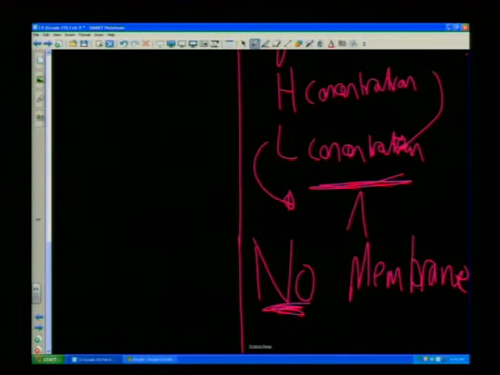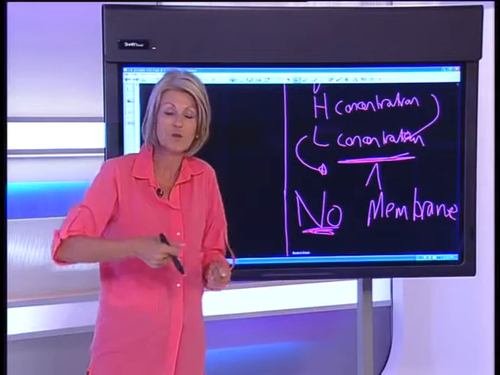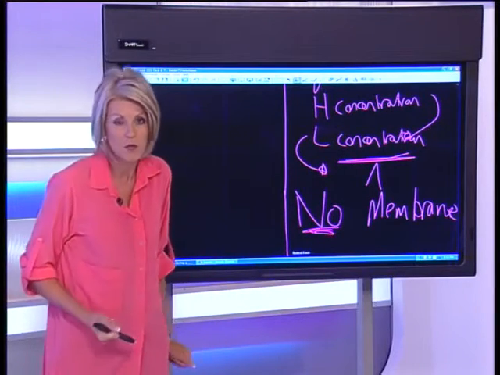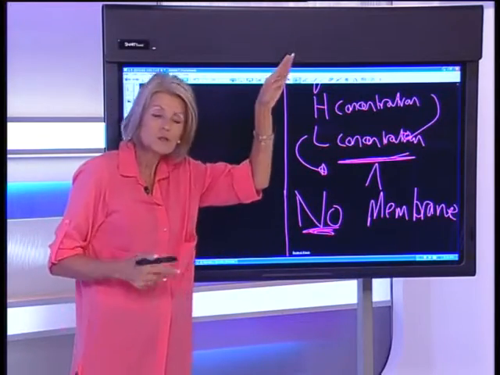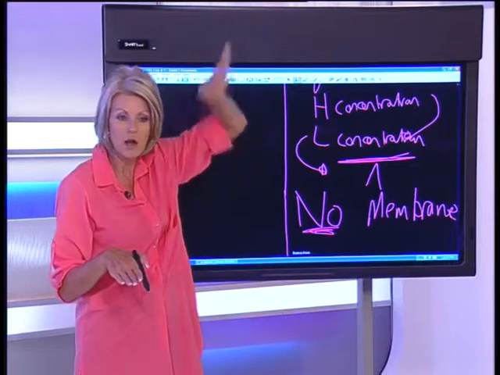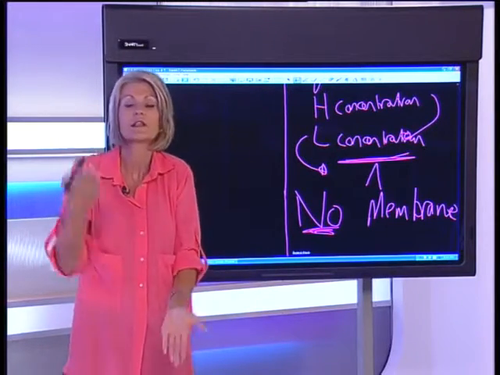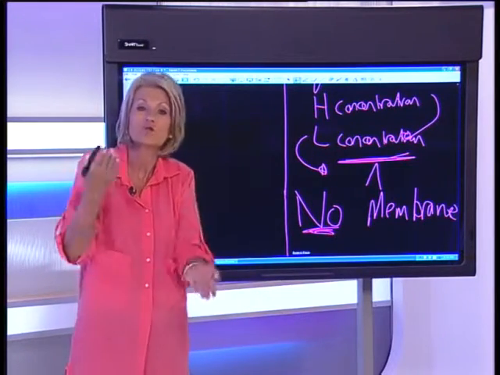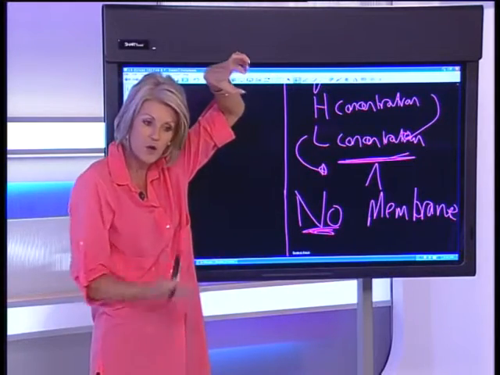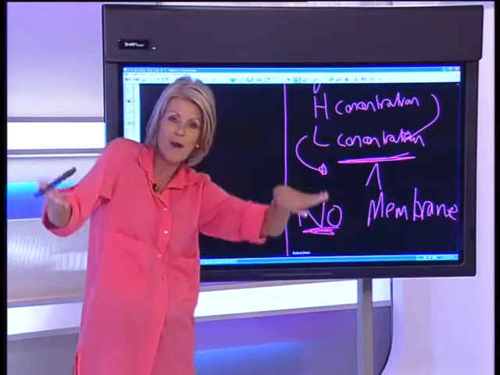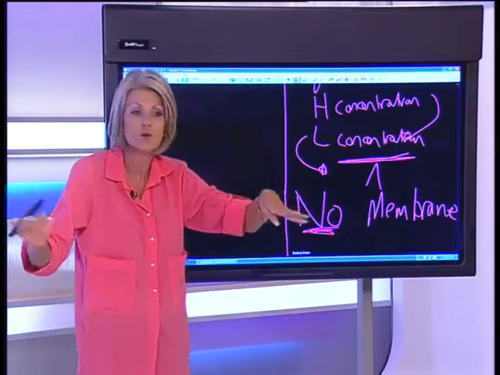You can have it in the air, you can have it in a cup of tea, you can have it when you put chlorine in your swimming pool. All right, it is diffusion. High to a low concentration along the concentration gradient until an equilibrium is reached. In other words, until the high has spread so much to the low that it starts to tip up and even out like a seesaw.